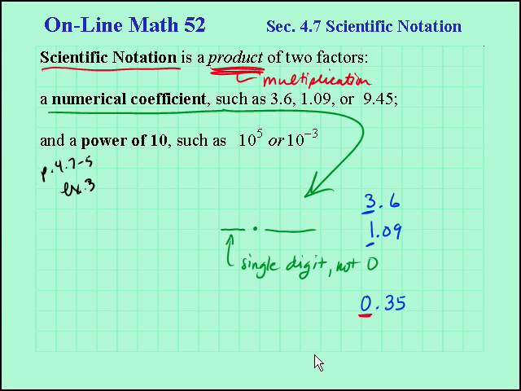Even this one right here can be a coefficient, but it's not in proper scientific notation if we leave it like this, so we've got to find a way to adjust it. But in part A, we have 9.75. Is that a proper coefficient for scientific notation? Just look right here. The whole number is a single digit. So the answer, without any more work, is yes, that's legitimate.